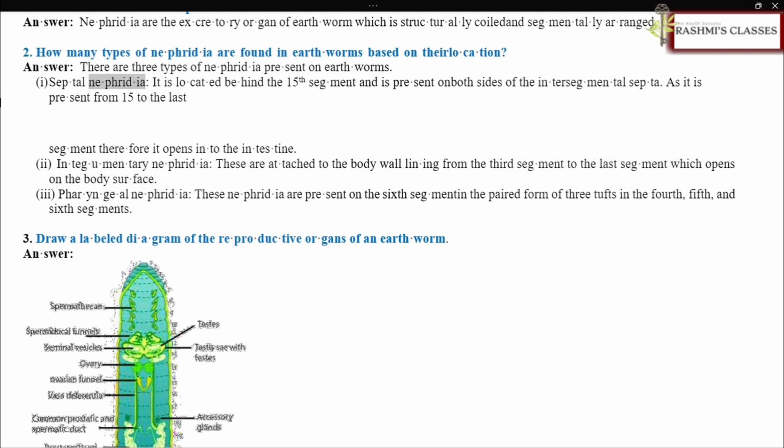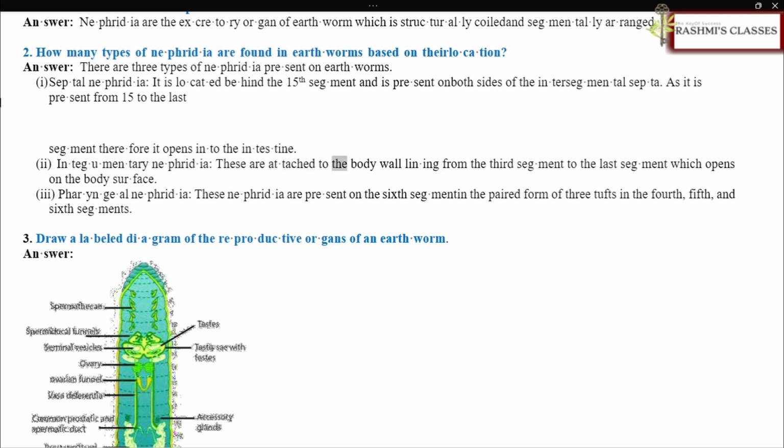Septal nephridia. It is located behind the 15th segment and is present on both sides of the intersegmental septa, as it is present from 15 to the last segment, therefore it opens into the intestine. Integumentary nephridia.